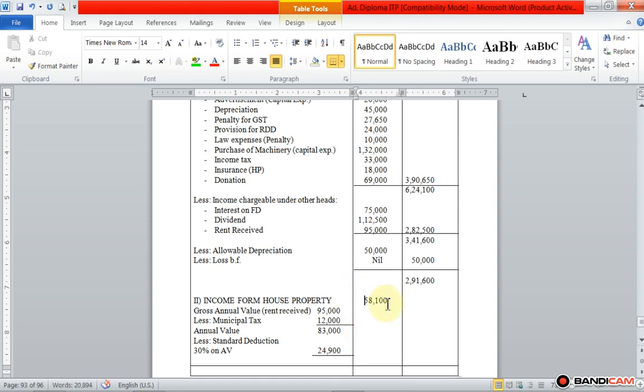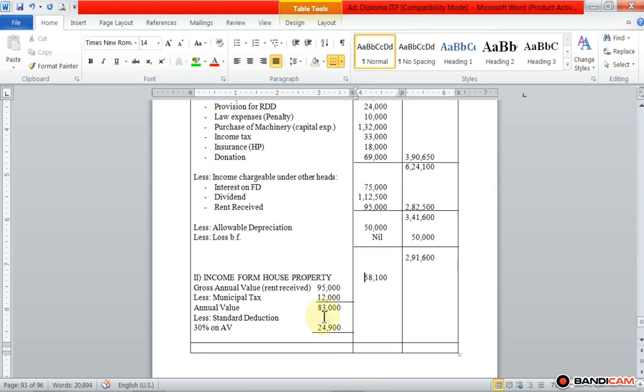58,100 is the income from house property. Then the third part is income from other sources.